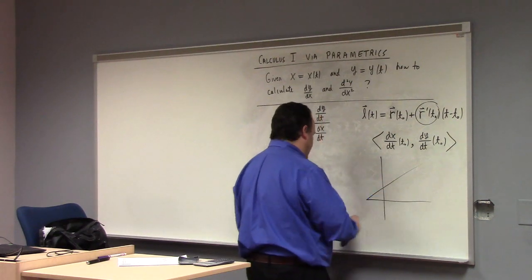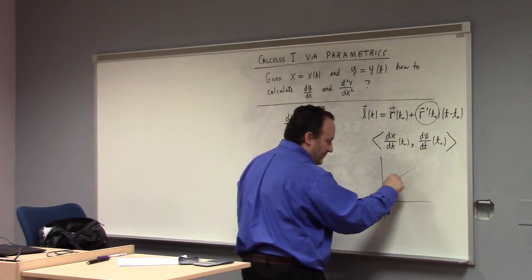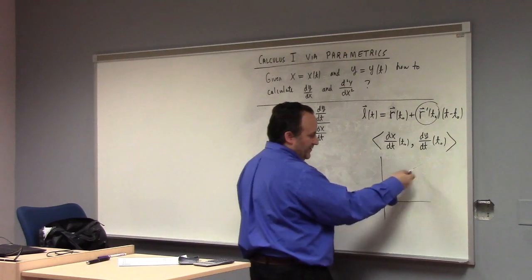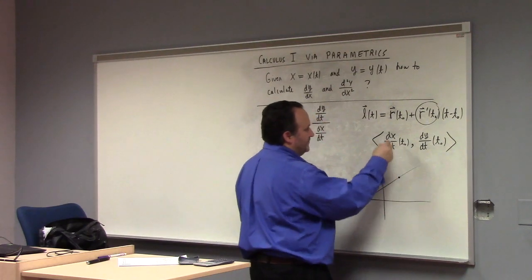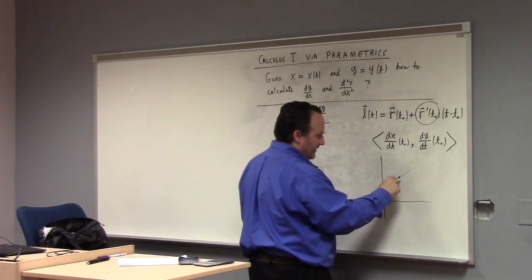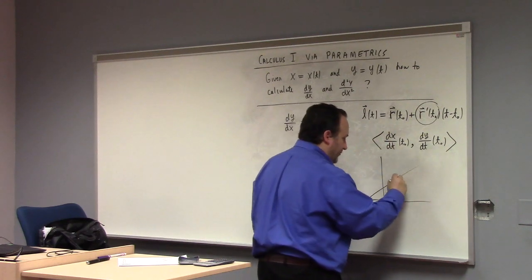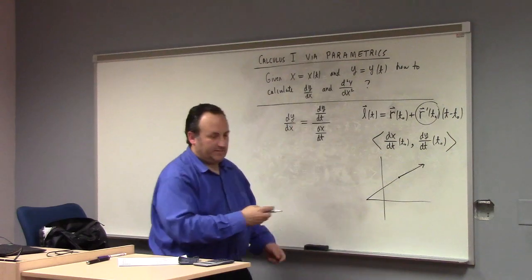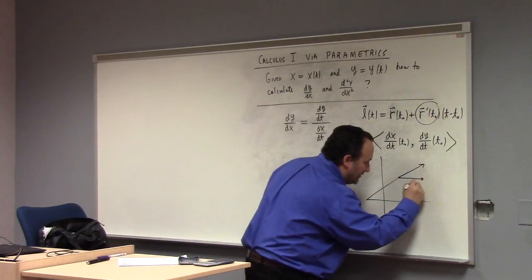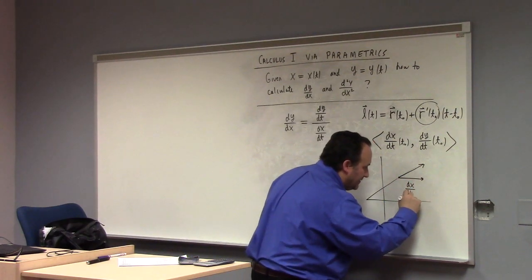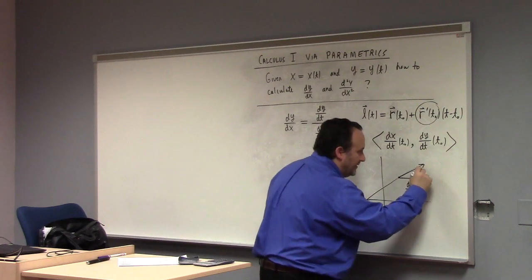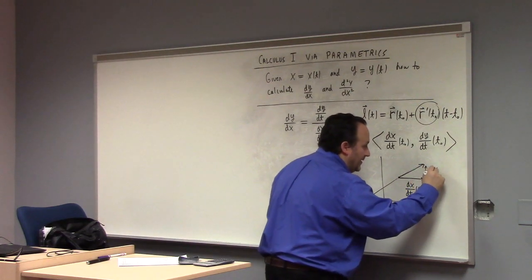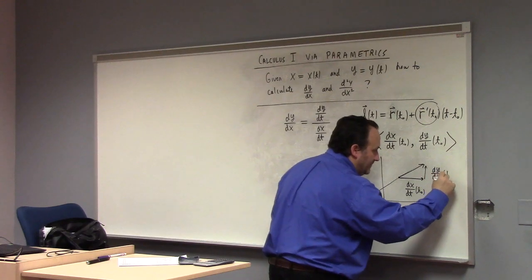This point right here is my point of tangency, where r of t naught is. This vector points like this. You're going this far over, dx dt of t naught, and this far up, dy dt of t naught.